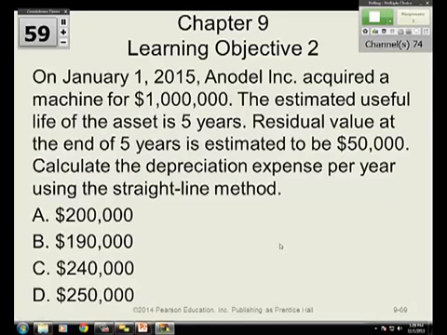I want you to give me the straight line depreciation expense per year. This should be easy. We'll see.